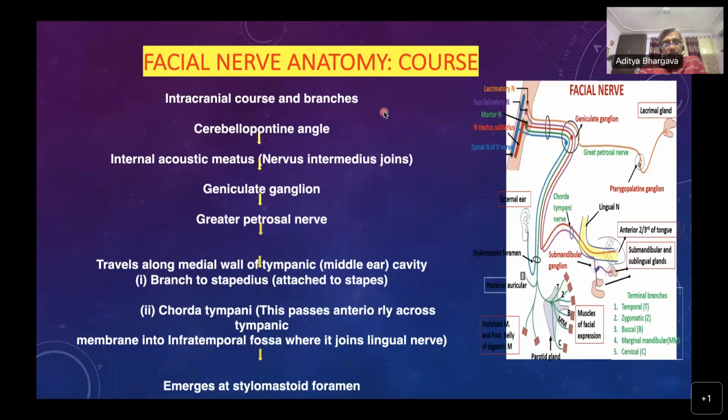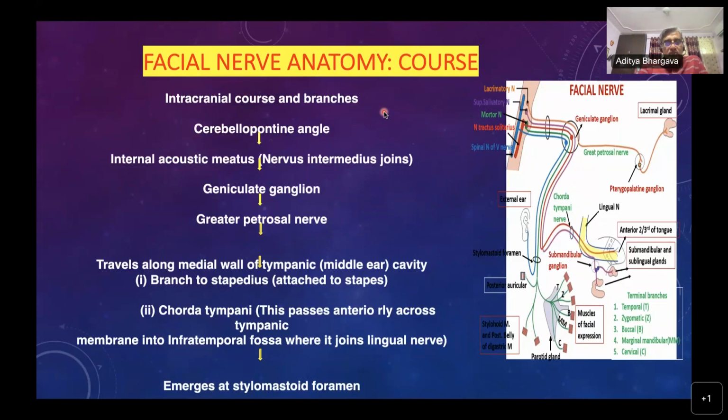After coming out of the geniculate ganglion, it is joined by the greater superficial petrosal nerve. Conventionally, we know it as GSP nerve. But nowadays, the newer anatomy books have deleted the word superficial, for reasons not known, and it is called the greater petrosal nerve.